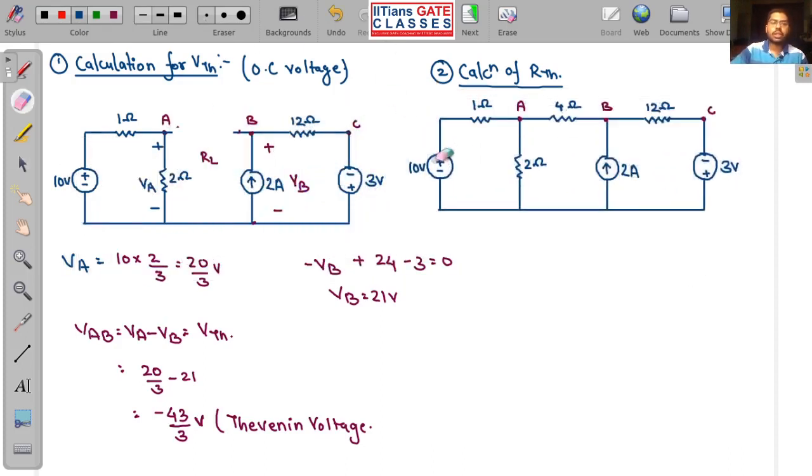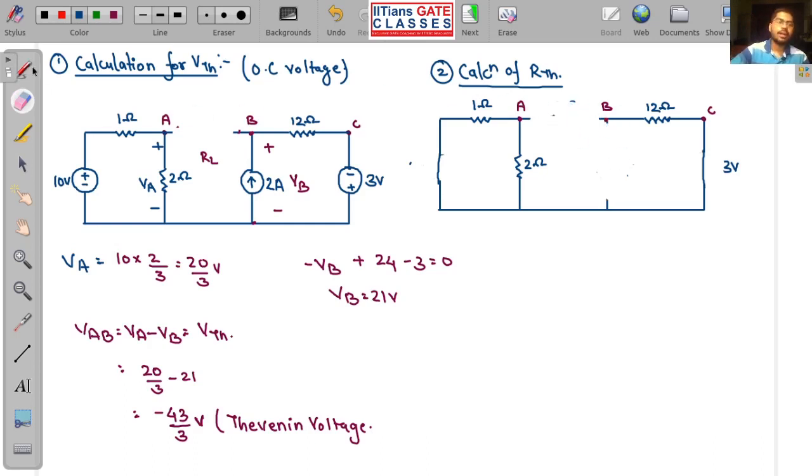If I short circuit this branch, what will happen? This 1 ohm and 2 ohm will be in parallel. And if I open circuit this, and again short circuit this one, you need to calculate the equivalent resistance from AB point. Now what do you see?